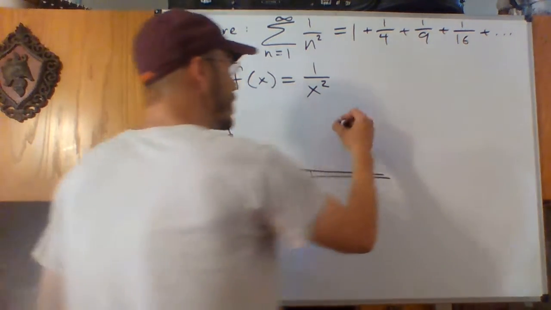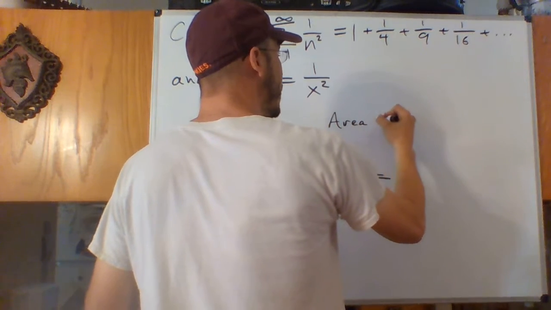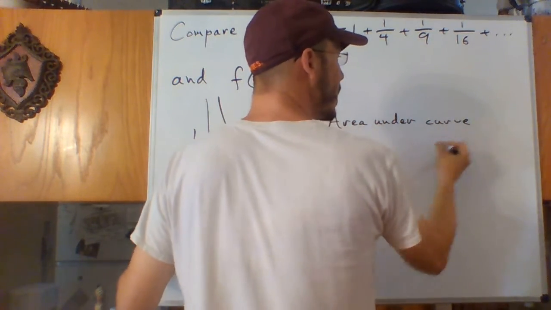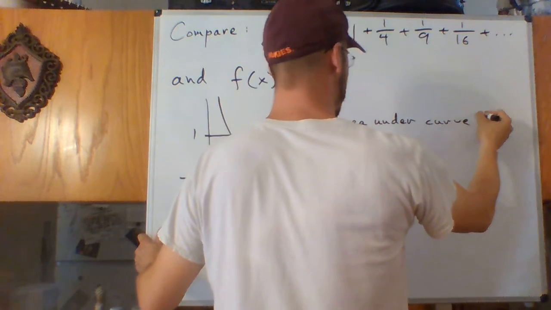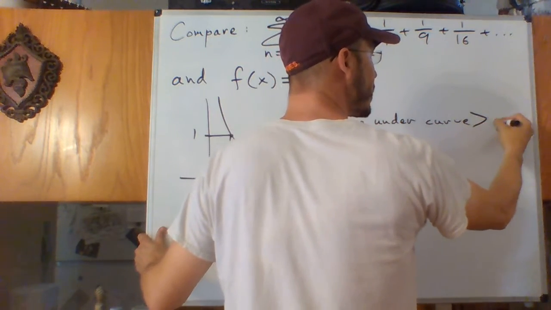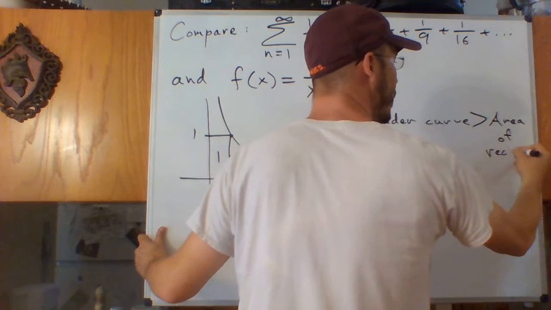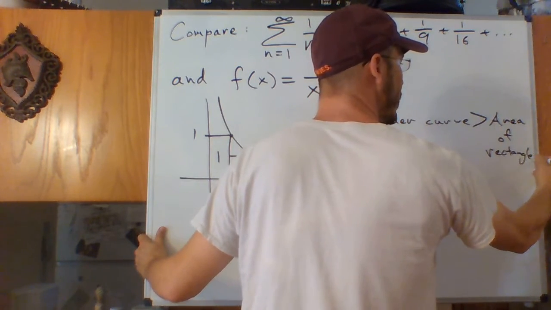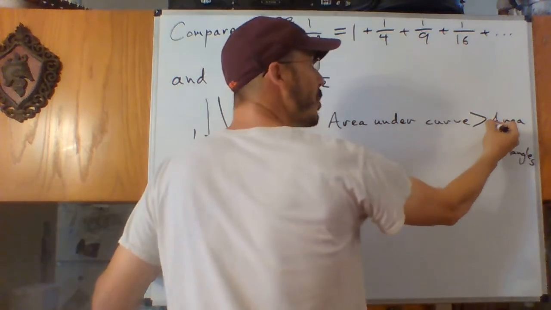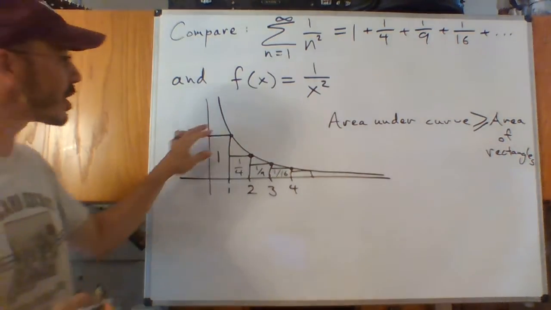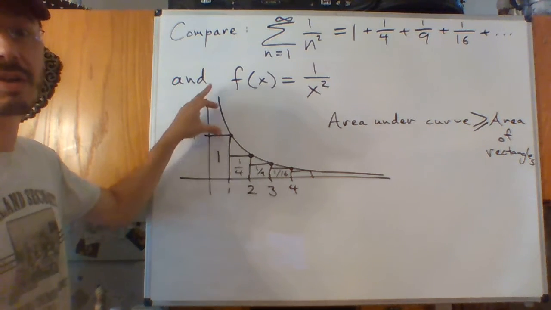Let me write that out. The area under the curve is greater than area of rectangles. Sorry about the squish there. But really, we do need to say that it's greater than or equal to. And I'm not talking about this piece of the area.